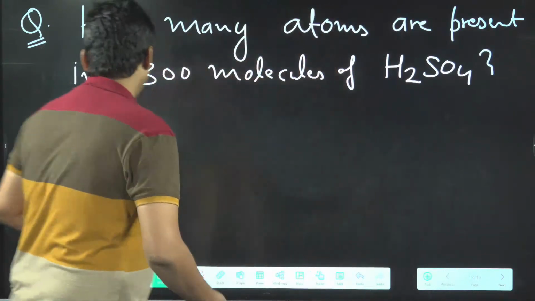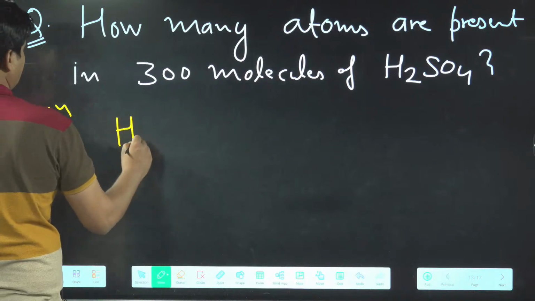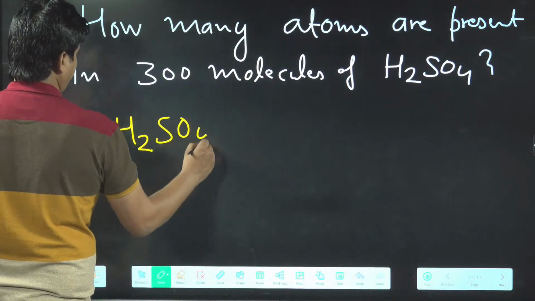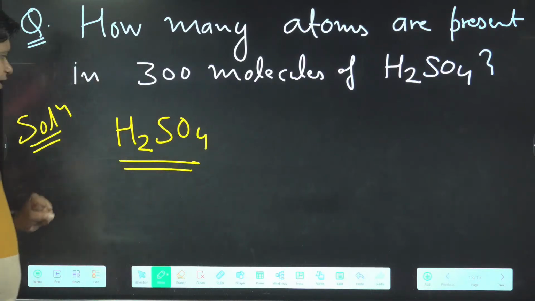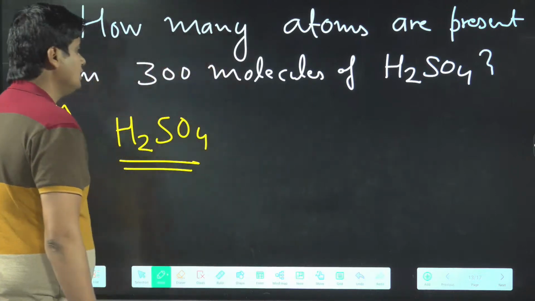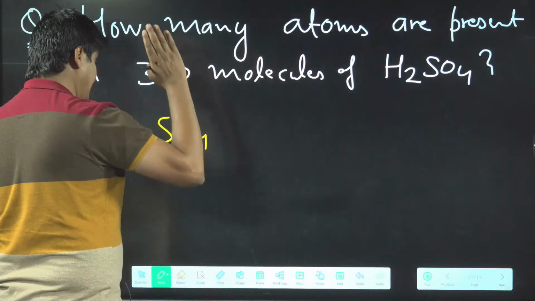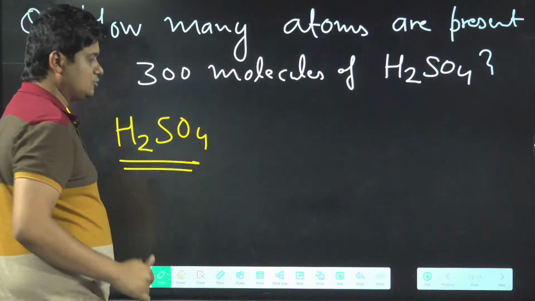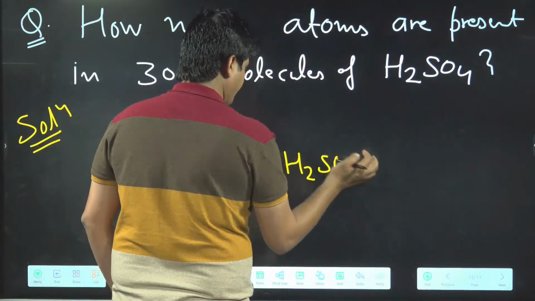Okay, so here firstly I'll write the formula H2SO4. Now I will try to find my way, my path, my route. They have given data about H2SO4, so H2SO4 will be on the left hand side, means our initial point.